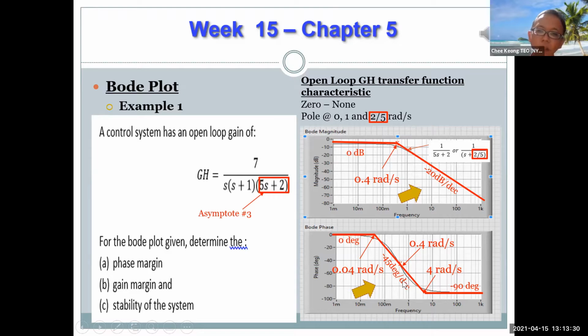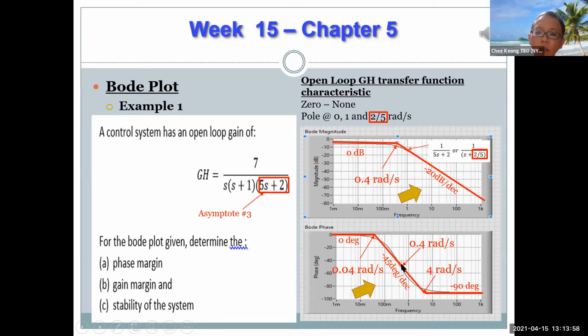For the phase, we have to look at a bigger range, which is from 0.04 radian, which is 1 decade before the root of 0.4, all the way to 4 radian, which is 10 times or 1 decade up from 0.4. So with that, we will have a 0 degree shift before 0.04 radian, and it will start sloping down at minus 45 degrees per decade.